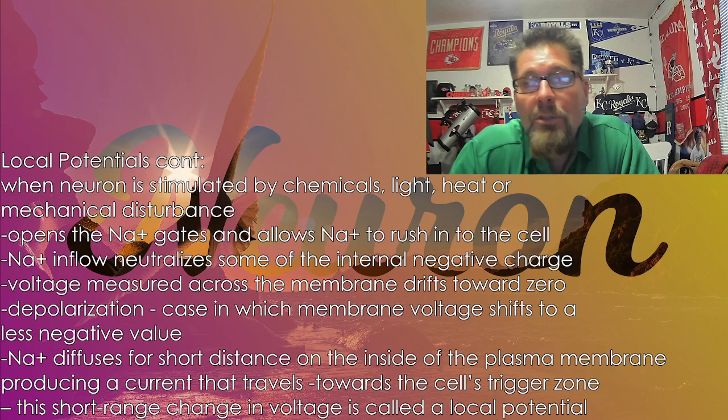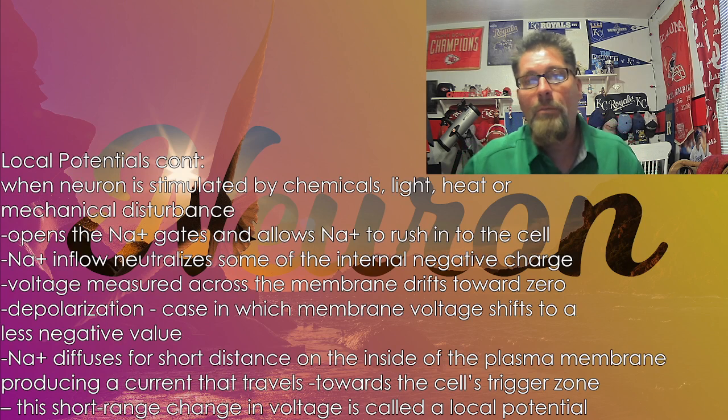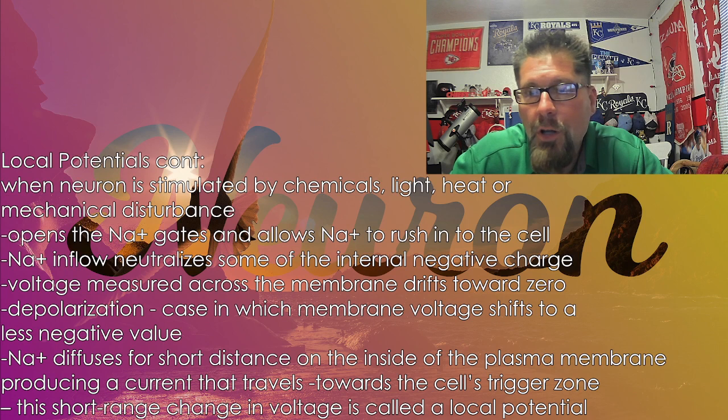Now, when an action potential begins, the neuron is stimulated by some kind of signal, chemical, whatever it may be, and then, as we saw with that sodium-potassium pump, it fires the sodium, and those sodiums come roaring in to get that increase, that voltage change.